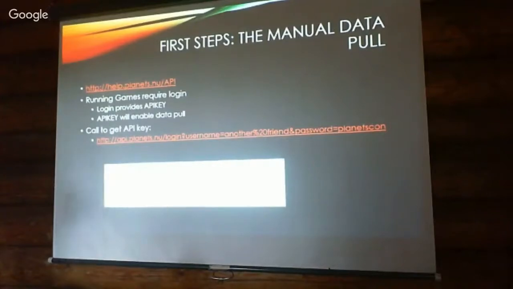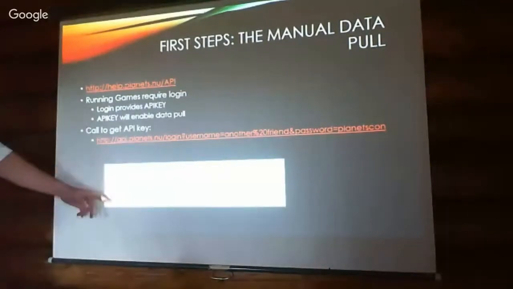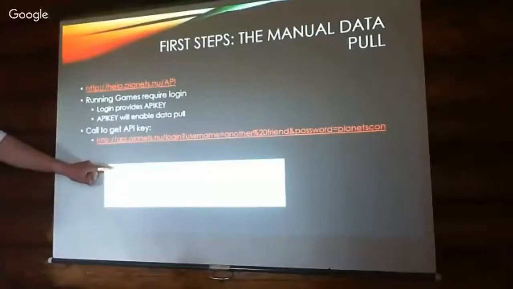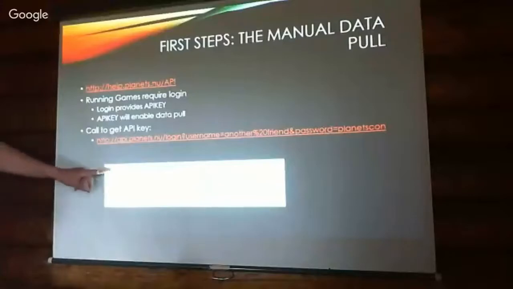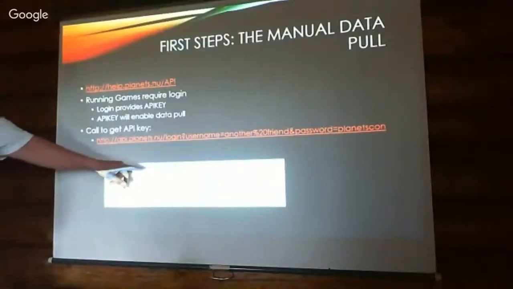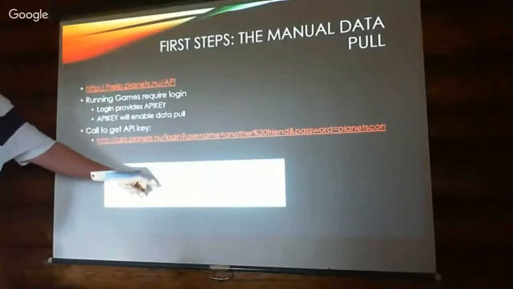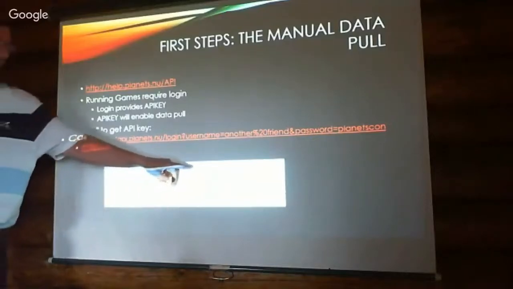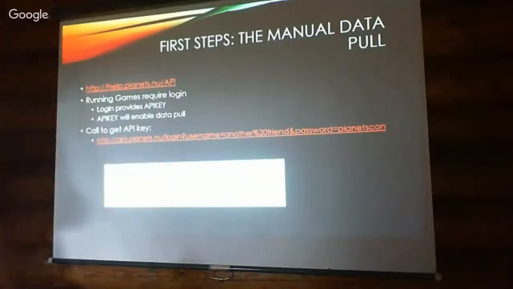As you can see down here, that's just a small snippet of a browser window. It's just API planets and the login with your username. I used my alternate account, with the password planetscom. That call just gives you your API key. That's basically your login. You use your browser to log in.